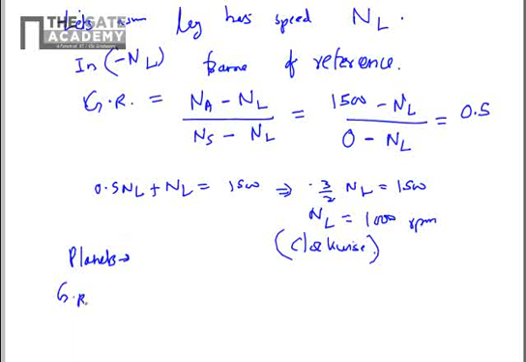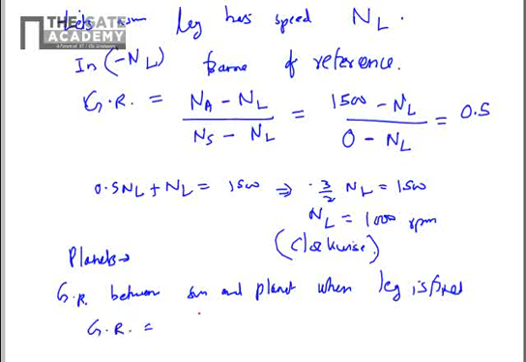So the gear ratio between the sun and planet will be equal to the ratio when the leg is fixed. Let's say the sun is input, so ns by n planet will be equal to Tp by Ts, the numbers of teeth.